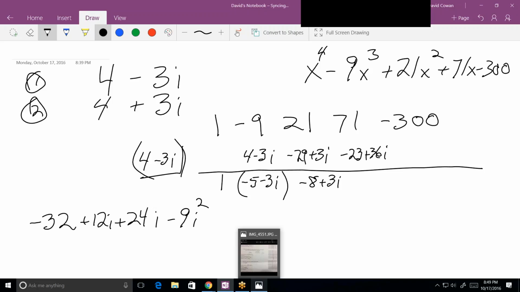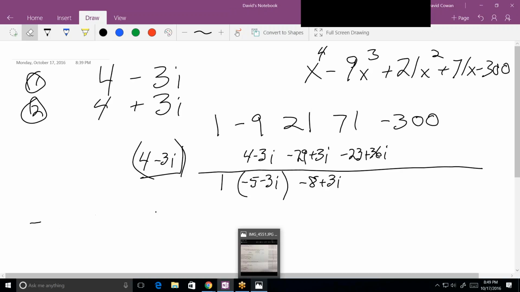Now, when I get all done, I'm going to divide this answer here on the bottom by the second zero, and that's going to leave me the quadratic, and all the imaginaries will disappear.